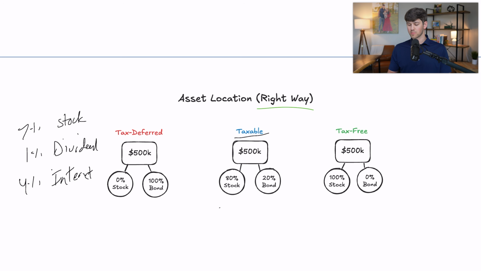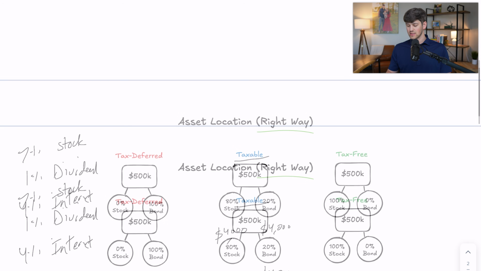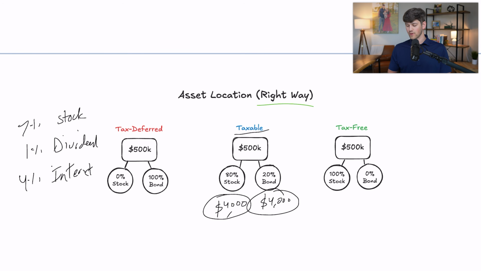If we assume a 1% dividend on that, that is going to be $4,000. And then 20% is $100,000. Whenever we have the interest on that, now we have only $4,000 of interest on that amount. So now instead of 3 and 8, it is 4 and 4. So just a little bit less overall in terms of income coming into the account from dividends and interest.